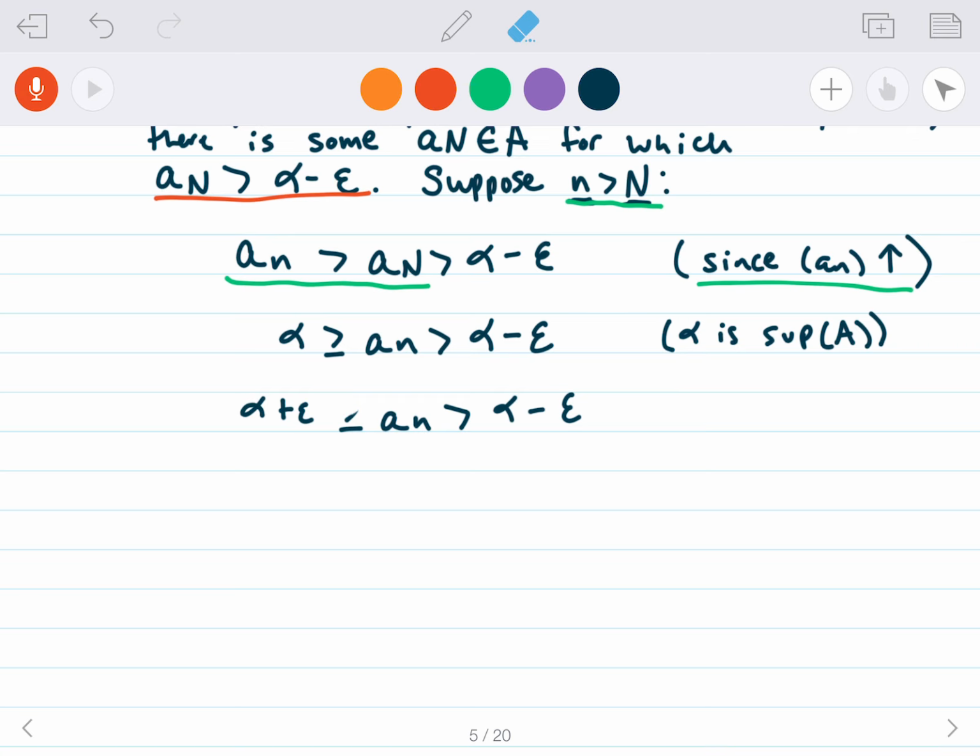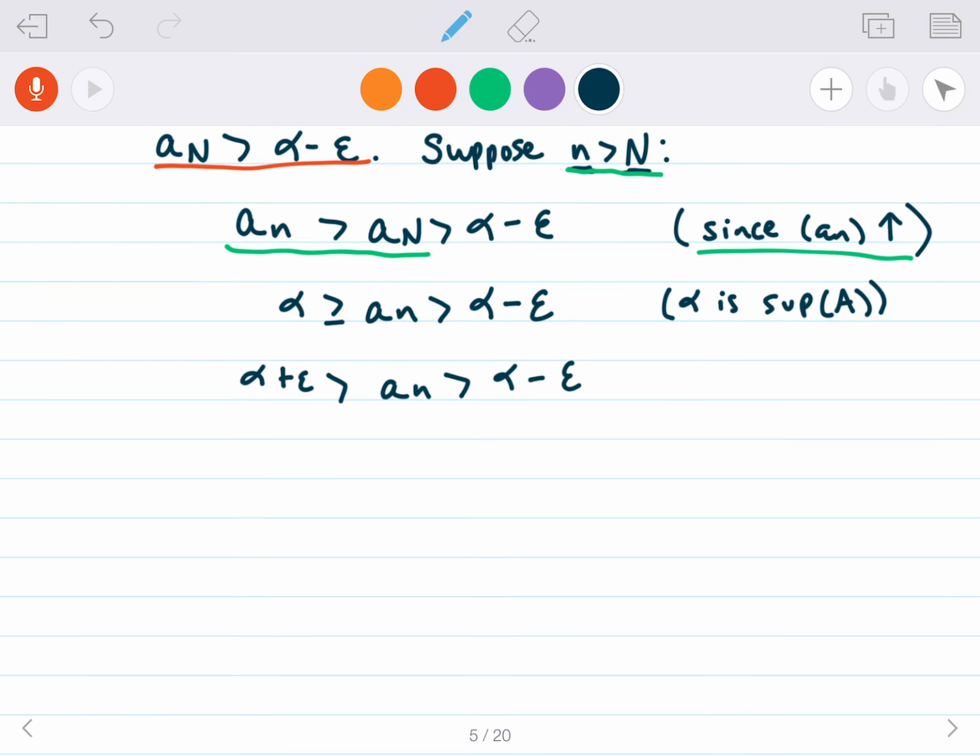And actually, we can make this strictly smaller since epsilon was a positive number. Okay, so now if I want to get alpha on both sides, I subtract alpha from everybody, right? This is kind of what I was going for.